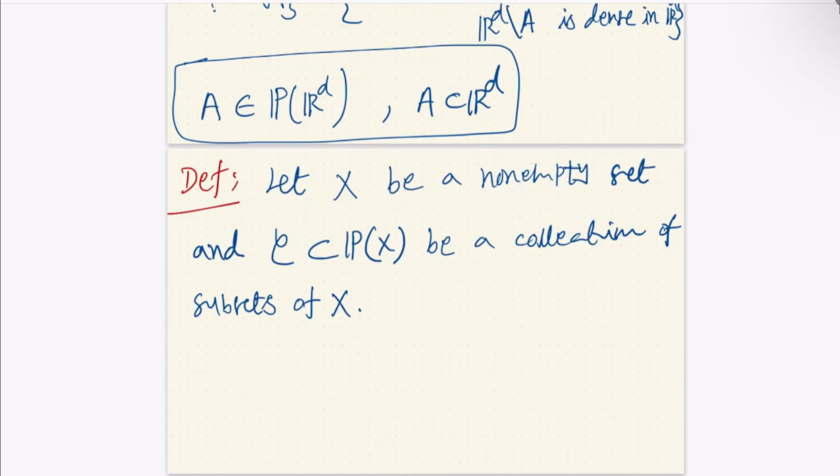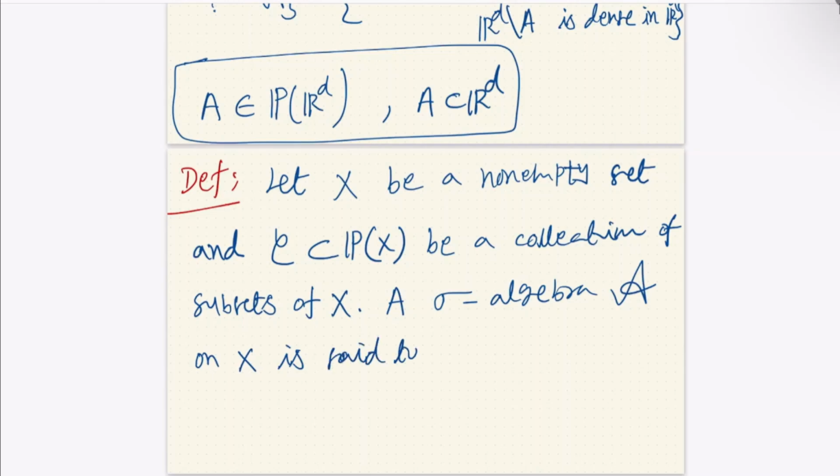That is the hypothesis. Now I write a sigma algebra. I don't say what kind of sigma algebra you choose. Just like if you are given any set, you can construct a lot of groups. Similarly, you can construct a sigma algebra A on X. A sigma algebra on X is said to be generated by this collection.